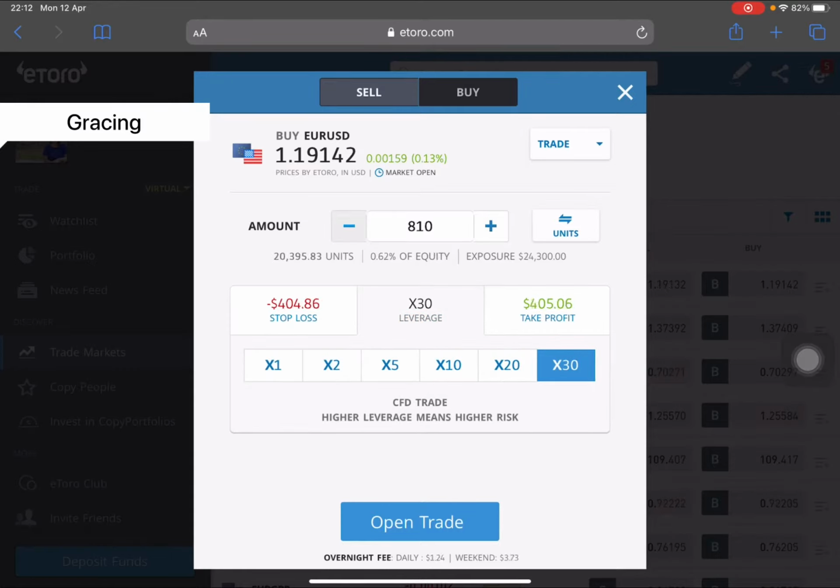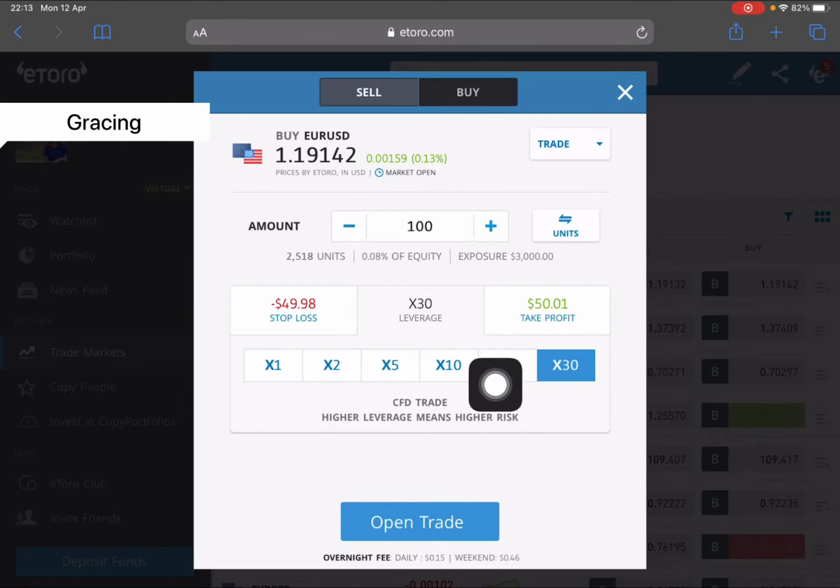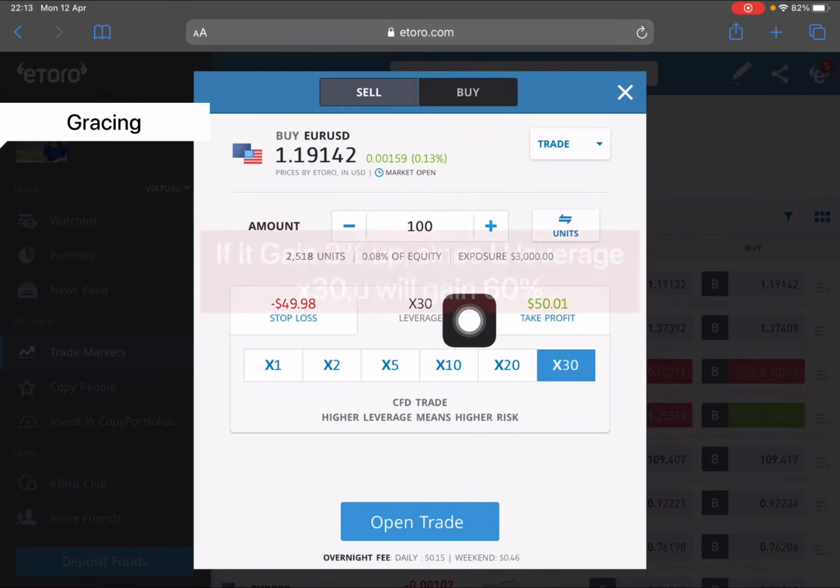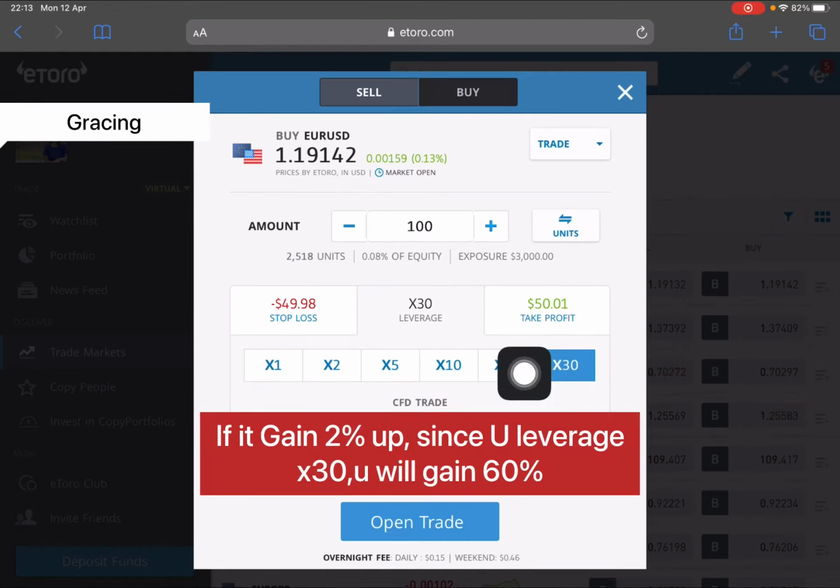For example, you have only 100 US dollars. Just imagine you have only 100 US dollars, but your exposure is 3,000, right? So what's the difference between using X1 and X30? If this value goes up 2% and you use X30, 2% multiplied by 30 is 60.